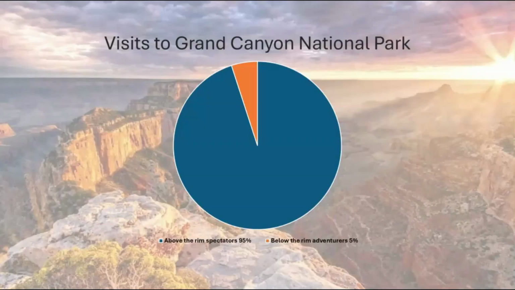I wanted our family to be part of the 5%, so we tackled a trail to Ooh Aah Point. Yes, that's what it's really called. During our visit, that took us below the rim. And now we can proudly boast that we are part of the 5% that have been below the rim or in the canyon. So, where am I going with this?